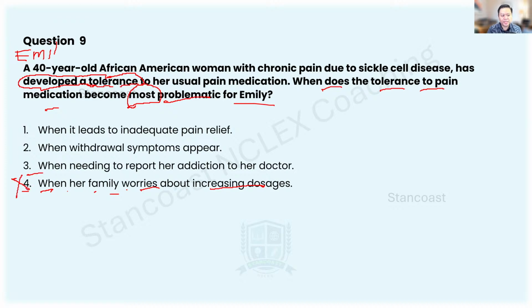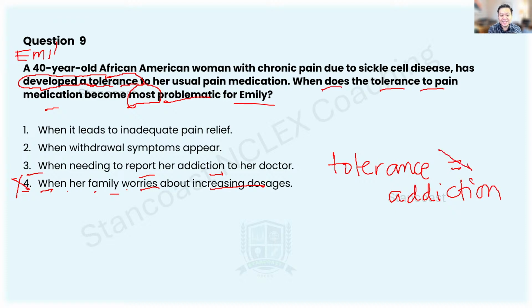What about number 3? When needing to report her addiction to her doctor. Well, guys, tolerance is not equating to addiction. These are 2 different things.